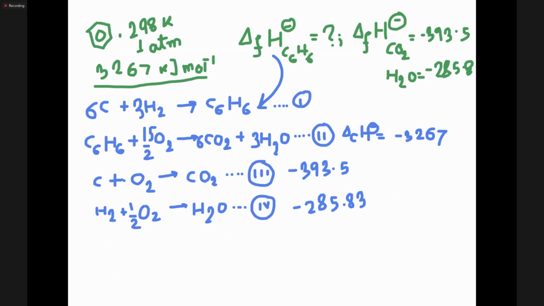If we multiply this equation by 6, we have to multiply all of it by 6, and if it is by 3, then we have to entirely multiply it by 3. So if we multiply this by 6, we have a 6 over here, a 6 over here, and a 6 on the product side. And this value will be minus 2361 kilojoule per mole.